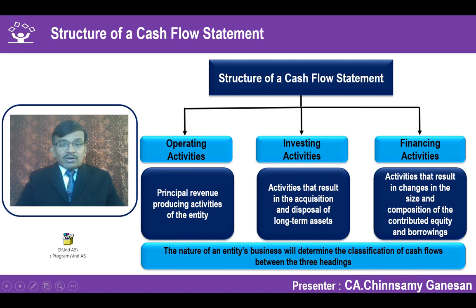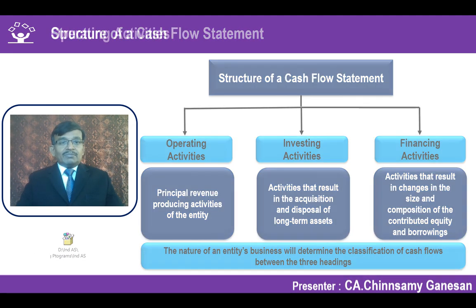So accordingly, the nature of the entity's business will determine the classification between the three headings. You cannot simply say that for every entity we will show this particular item as operating activity, and this particular item as financing or investing activity. So you have to see what the business of the entity is.